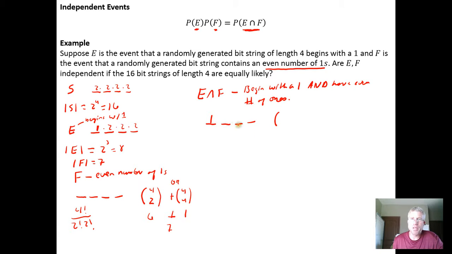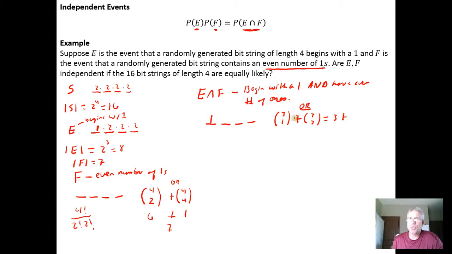One, we take the 3 remaining spots and choose one of them, which will give us 2 1s. Or we take the remaining 3 slots and choose all 3 of them. 3 choose 1 simplifies to 3, because the 2 factorial cancels the 2 out of the 3 factorial and leaves us with a 3.